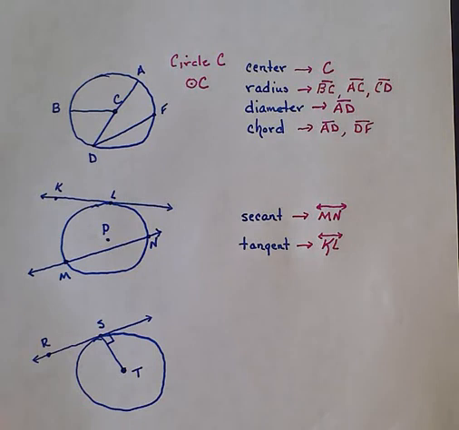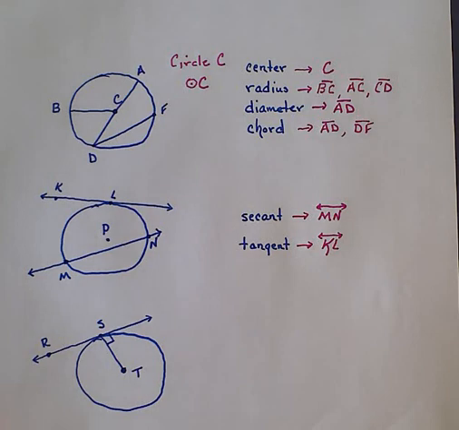Notice that you have the tangent line RS, and you have what's called the point of tangency at S. When a tangent line connects to a radius, as it does there, even though my picture is off, the two will always be perpendicular. Always, always, always.